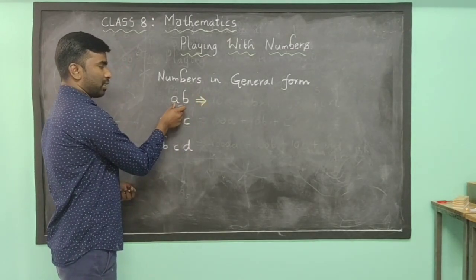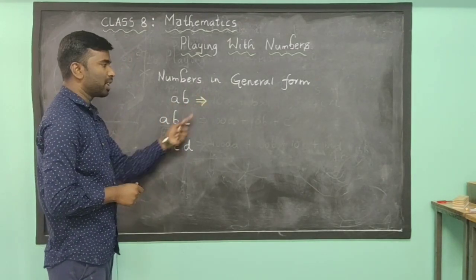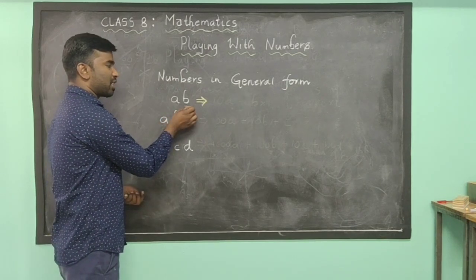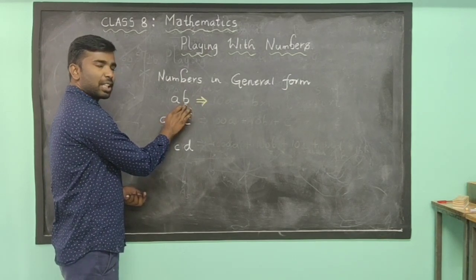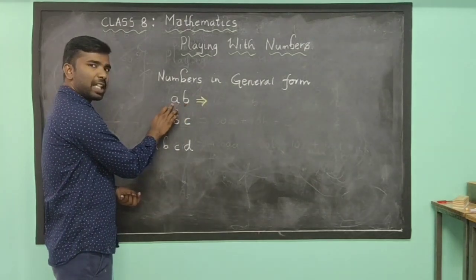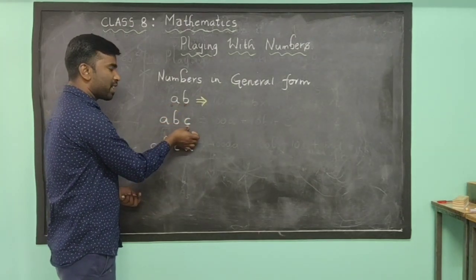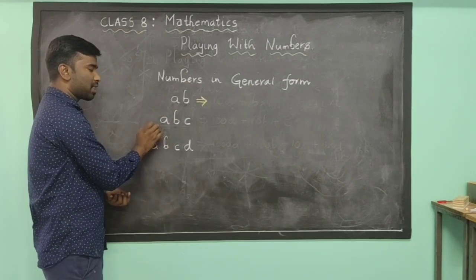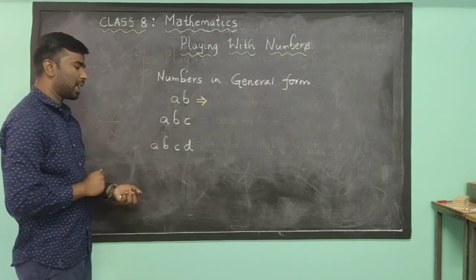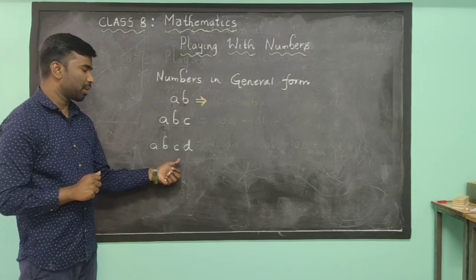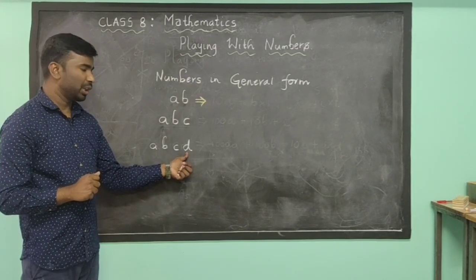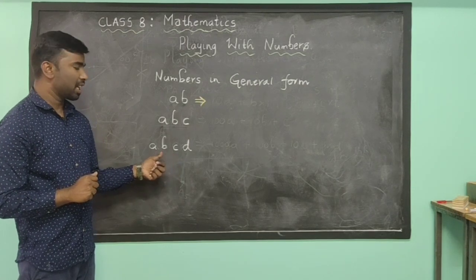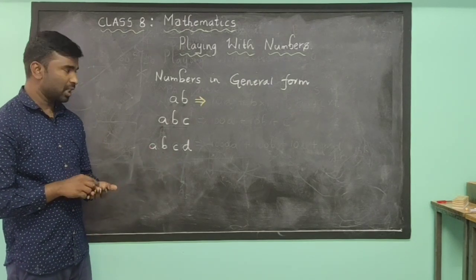To convert a two-digit number into general form, B is in the unit place and A is in the tens place. In the same way, C is in unit place, B is in tens place, A is in hundred place. For a four-digit number, D is in unit place, C is in tens place, B is in hundred place and A is in thousand place.